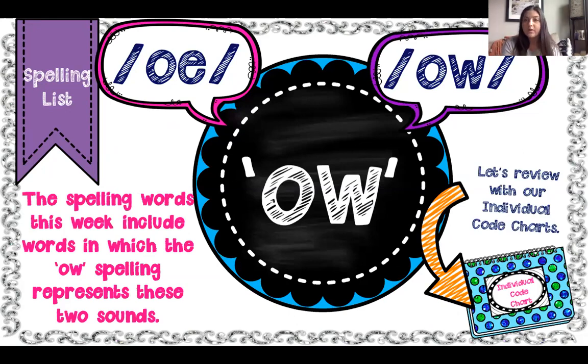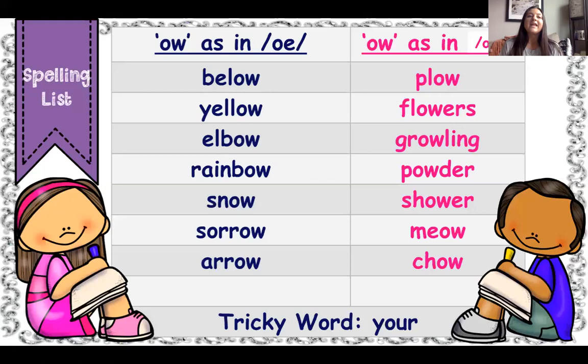Alrighty. So this is like a tug of war. O-W can say O and O-W can say ow. Now, when I see O-W as it says the word O or the sound O, I see it in the first column. I'll read these down for you. Below, yellow, elbow, rainbow, snow, sorrow, arrow.